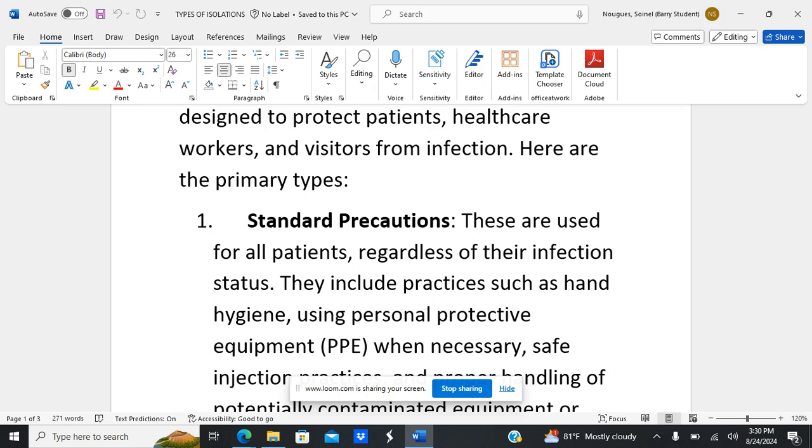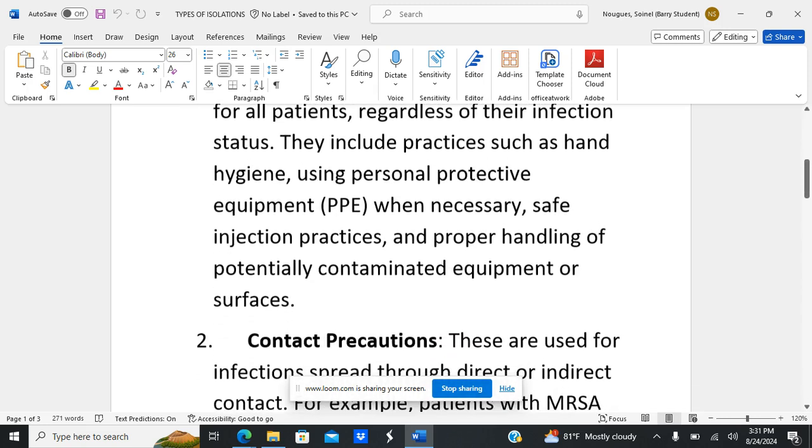Using personal protective equipment, PPE, is also very important when necessary, along with safe injection practices and proper handling of potentially contaminated equipment or surfaces. It is very important to take caution with patients because standard precaution is very important to use. It's not only for patients, but for all employees also.